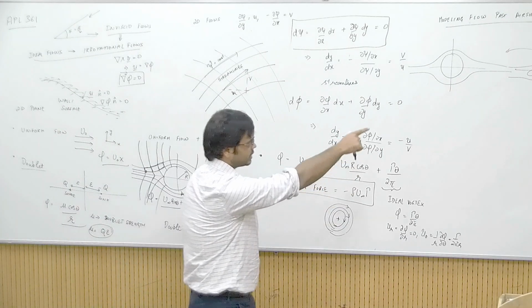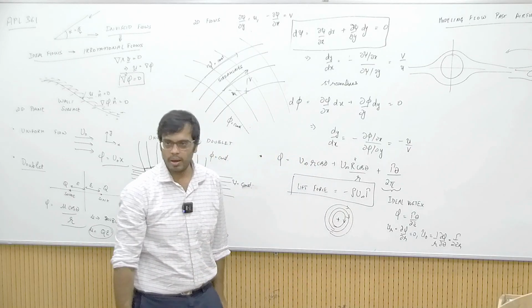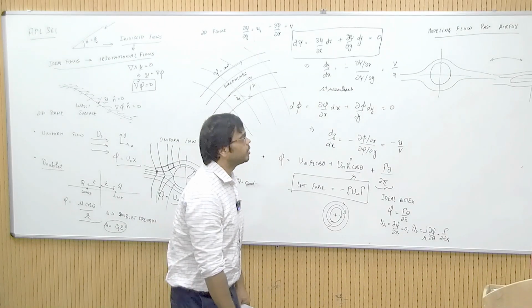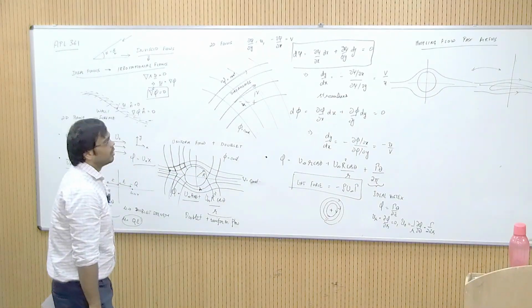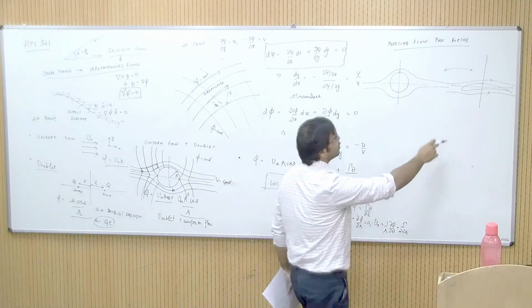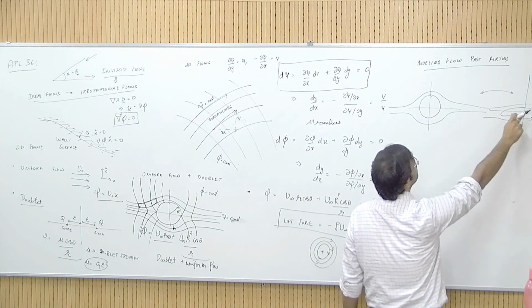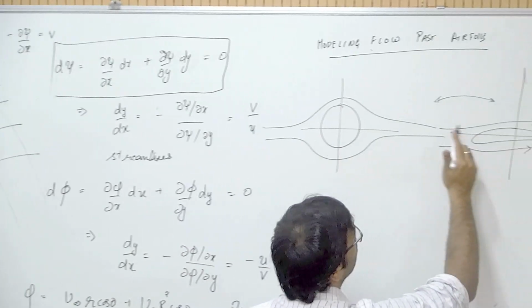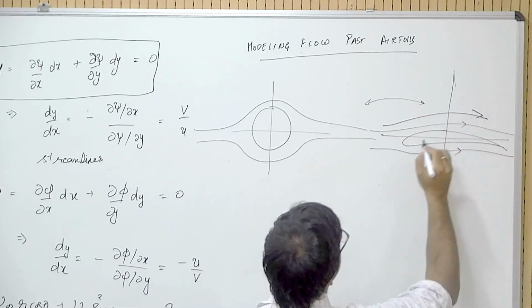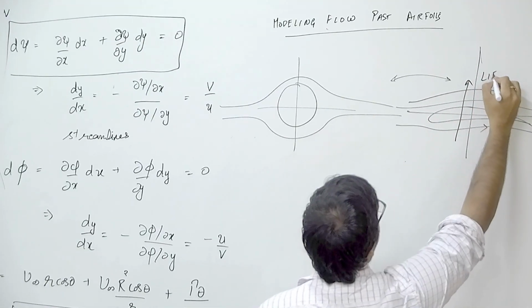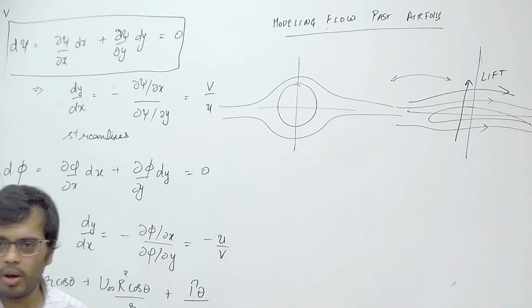Okay, and this is exactly what was used in all of your aerodynamic designs, even during World War II and pre-World War II. Of course, there are viscous corrections that need to be added, but this doesn't give you too bad an analysis. Why? Because through this analysis you can compute the lift on your airfoil. You can get a very good estimate of the lift.